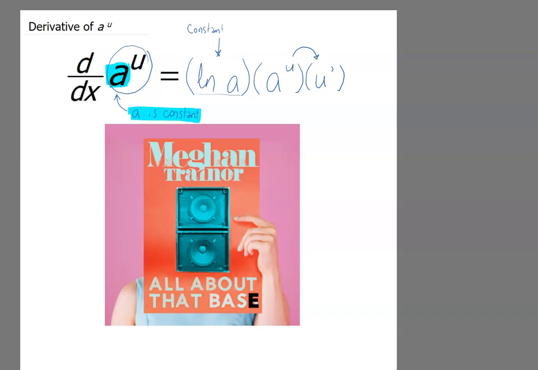Since a is a constant, its natural log is constant. And we'll look at examples of this in a minute. But here, those two pieces are pretty much the same as what we saw before.